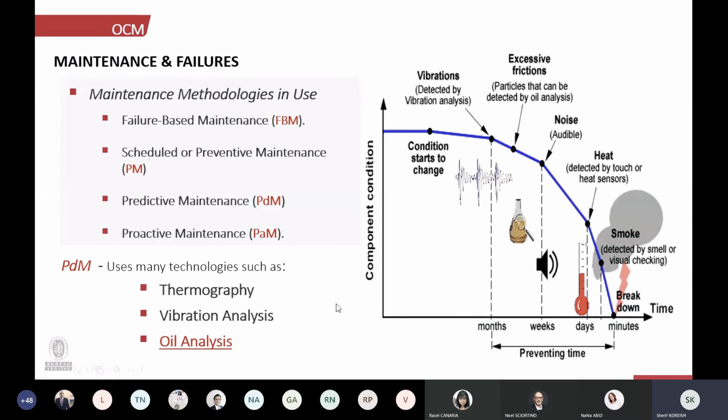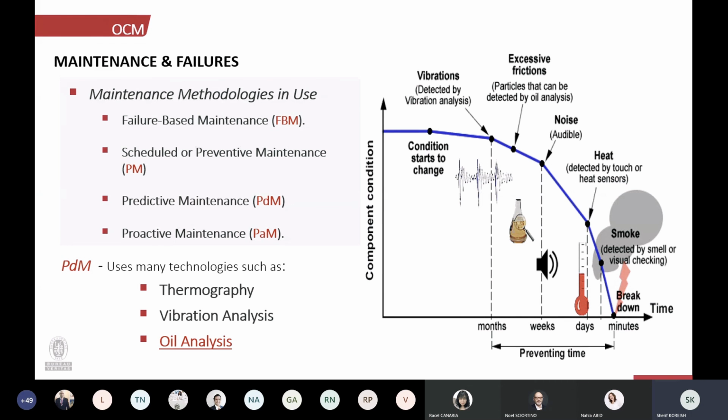Predictive maintenance programs mainly involve three technologies: thermography, measuring the heat energy evolving from the machine, vibration analysis, as well as oil analysis. So once the vibration starts, excessive friction will happen, and then you will hear a noise when the machinery or the equipment is in operation.